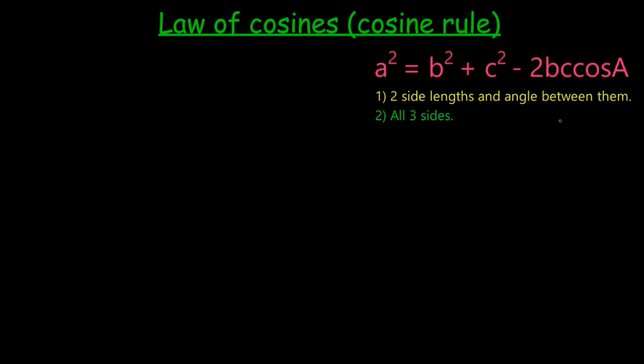So to summarize, there are 3 different forms of the cosine rule.